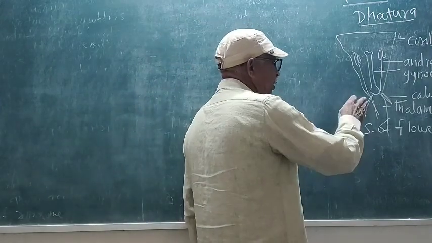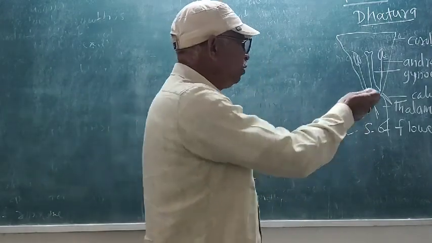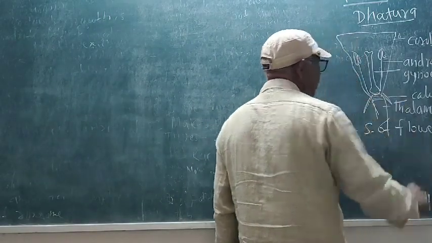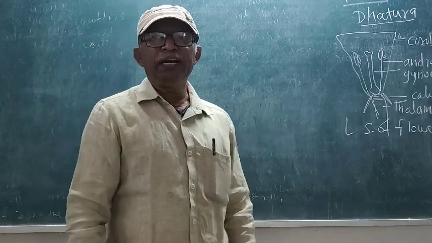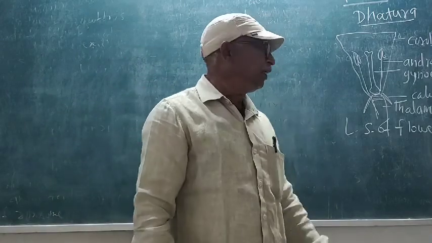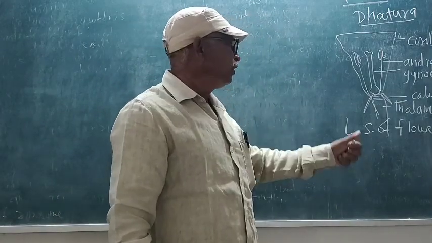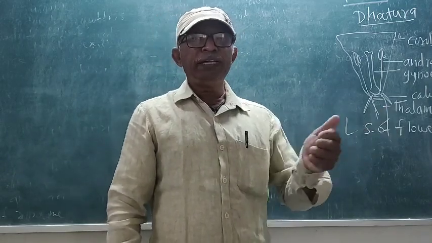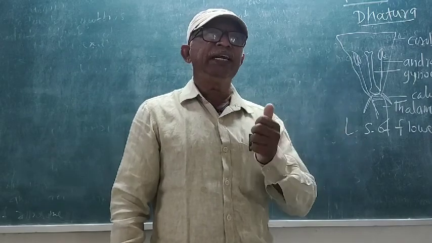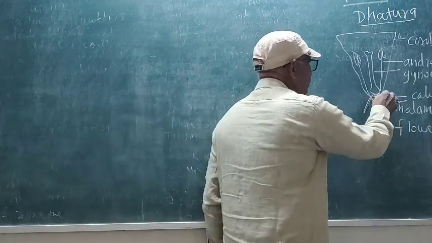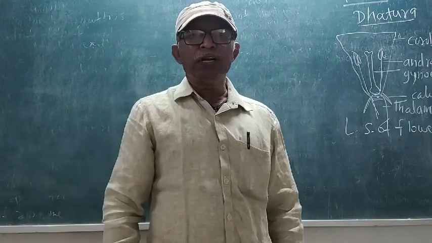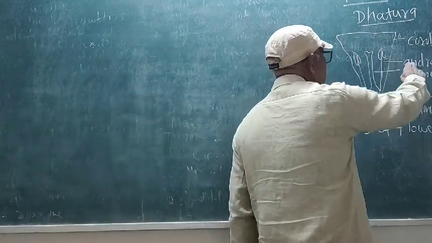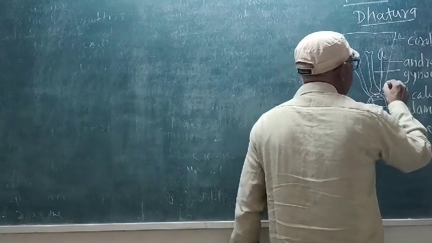The thalamus is the part in which nodes and reduced internodes are present. On the thalamus, the floral whorls or floral leaves, the parts of the flower, are arranged circularly. So these are called whorls: calyx, corolla, androecium, gynoecium.